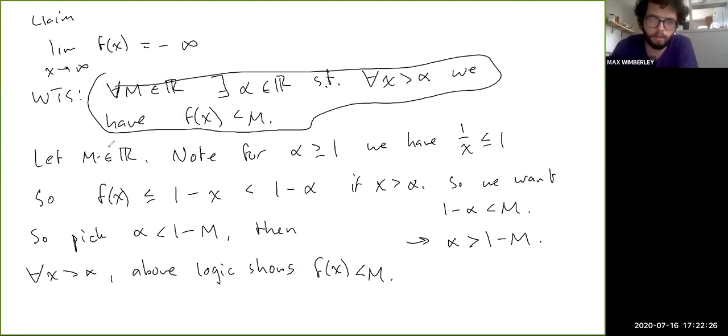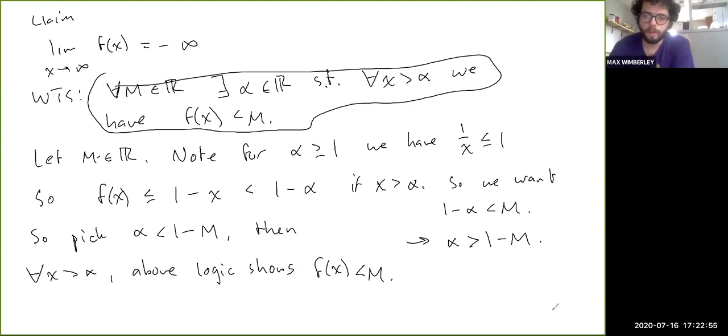I think it's perfectly fine to just take for granted that this is a valid way to describe this. If you really wanted to, you could just work with sequences instead, and say that all sequences where xn approaches infinity have f of xn approaching negative infinity. That's also fine. And you wouldn't have to even change the proof that much, honestly.